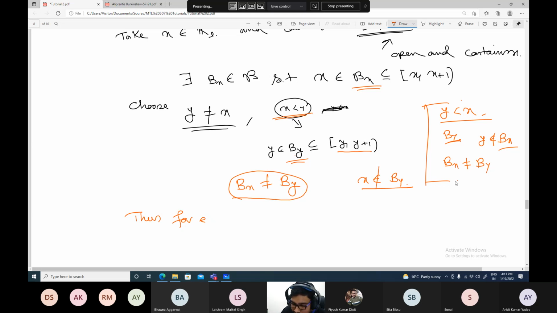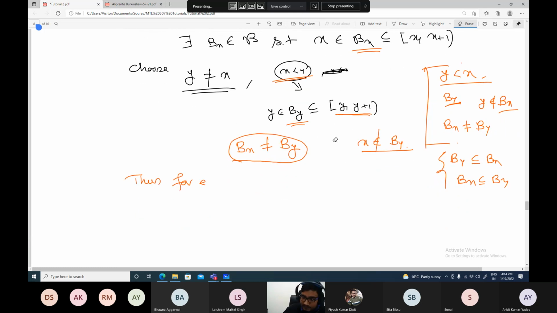I did not verify whether B_y is contained in B_x or B_x is contained in B_y. I didn't verify this one, but I have taken the intervals of length 1. So definitely, if this is the real line and this is of length 1, and you take another set from here, you will definitely, let me state it precisely, that B_x and B_y are not the same.